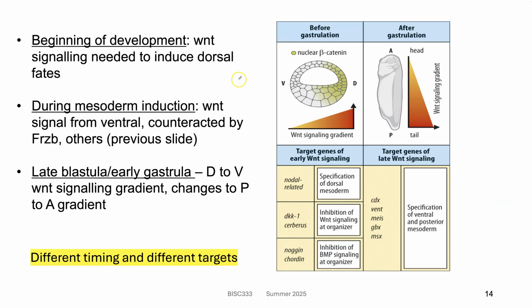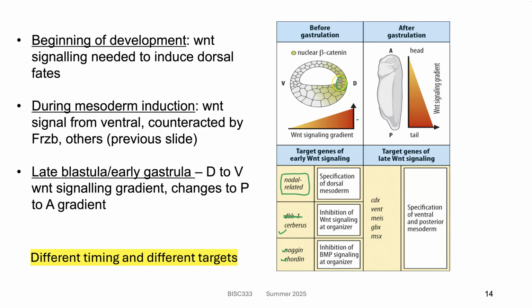So at the very beginning of development, we have this dorsal to ventral Wnt signaling gradient. As the organizer is developing, there are these inhibitors that make the gradient work somewhat the other way around. And these are the signals. Early on, nodal related is one of the targets of Wnt signaling on the dorsal side. You can leave out Dickkopf, and just note that Cerberus, Noggin, and Chordin are also targets of this early signaling, and the signaling is really strong here on the dorsal side.